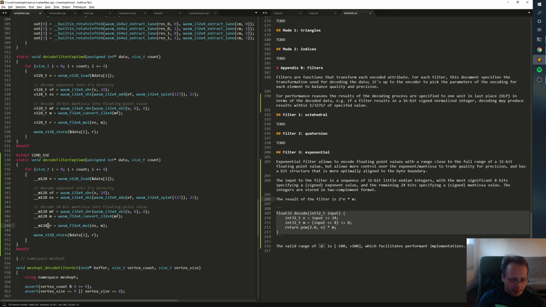the SSE type, for people who don't know, for a vector register is __m128i for integers and __m128 for floats. This code is mostly like that.